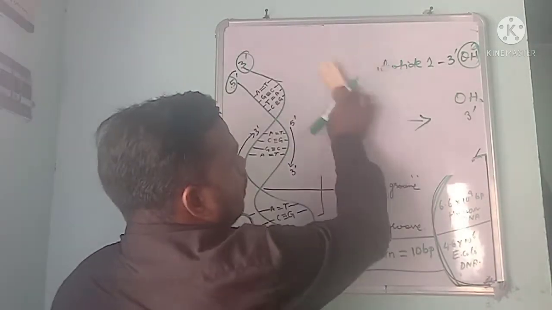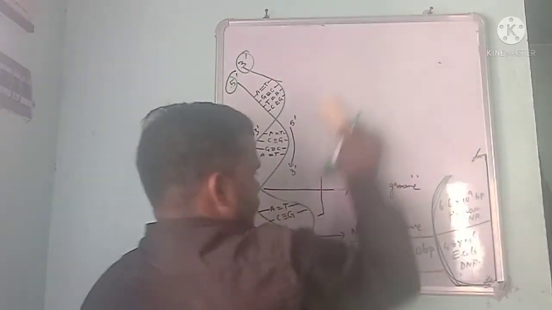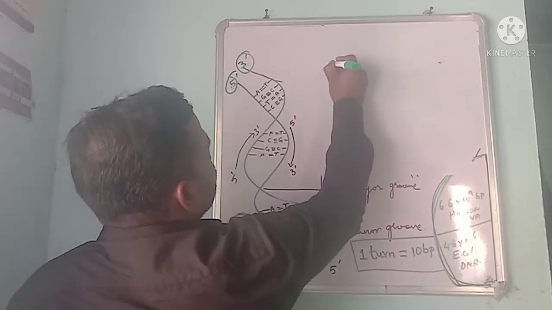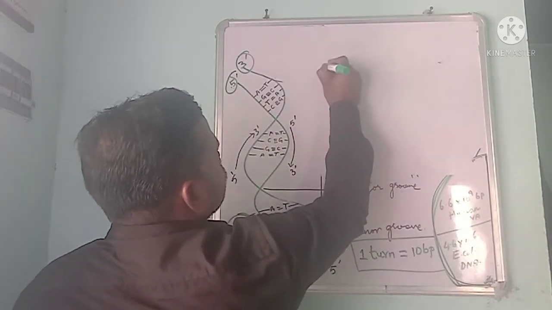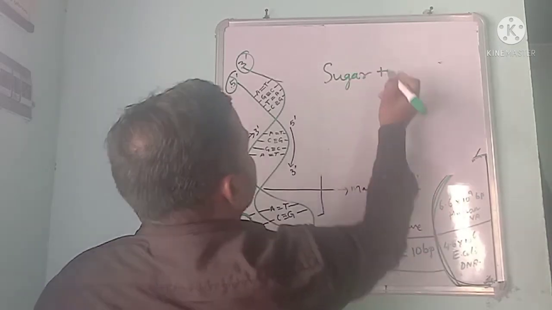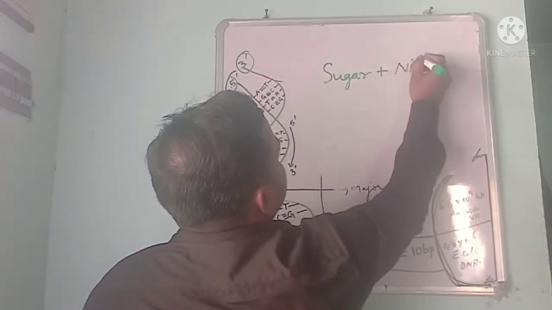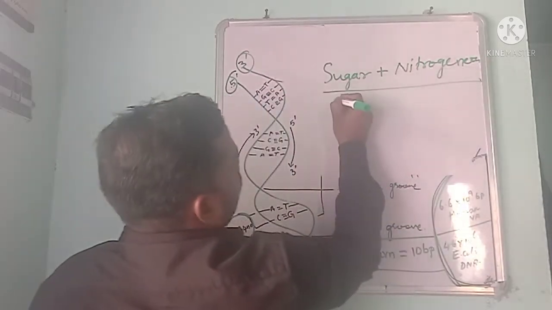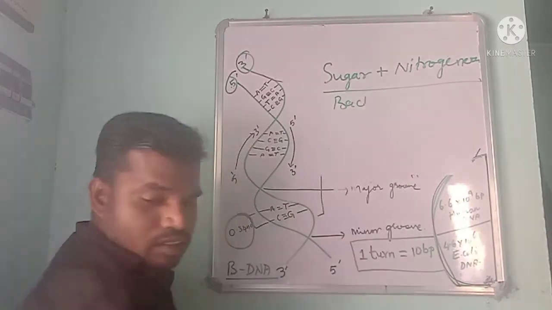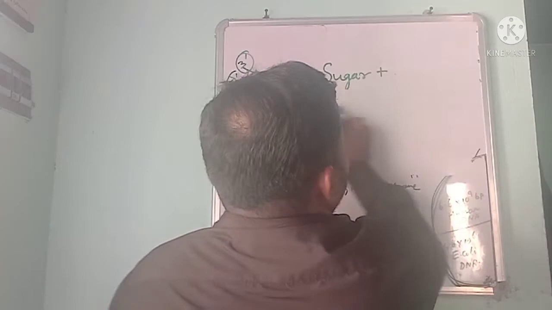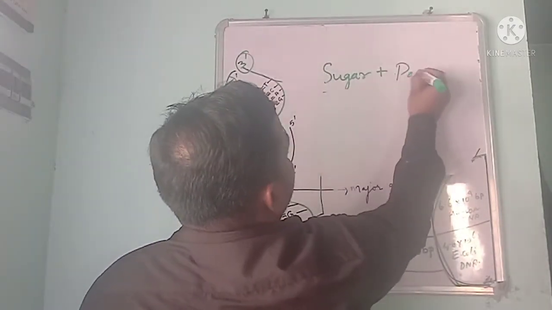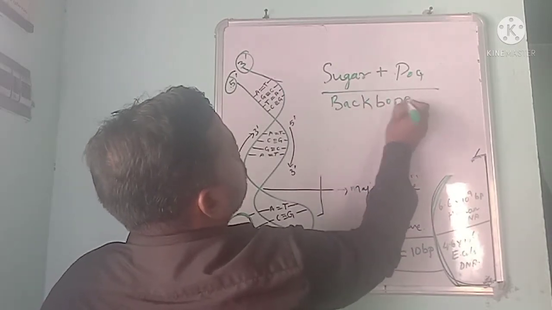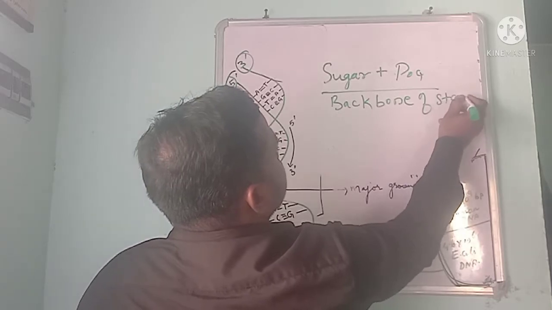So look at the structure again. Double helical structure. See here, the sugar and phosphate groups form the backbone of the DNA strand.